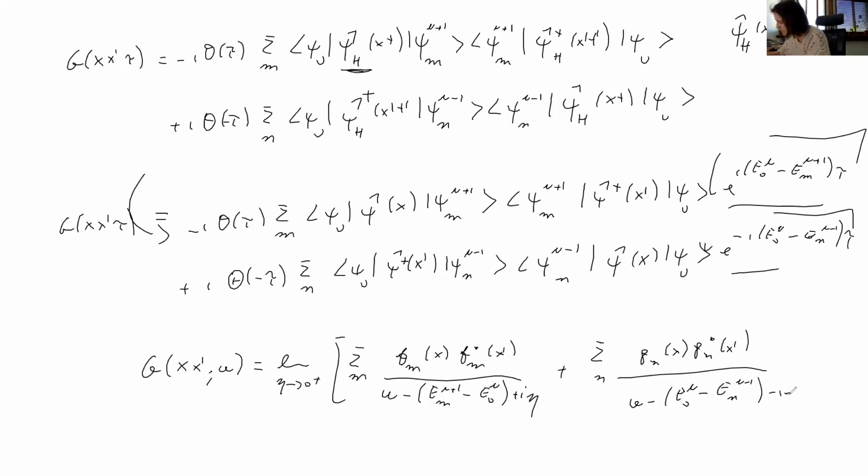Minus i eta. And if you define your spectral function, A xx prime omega, as 1 over pi, the absolute value of the imaginary part of your G xx prime omega, you will get your spectrum. What is the spectrum? It is strongly related to photoemission spectra, which is what you measure.